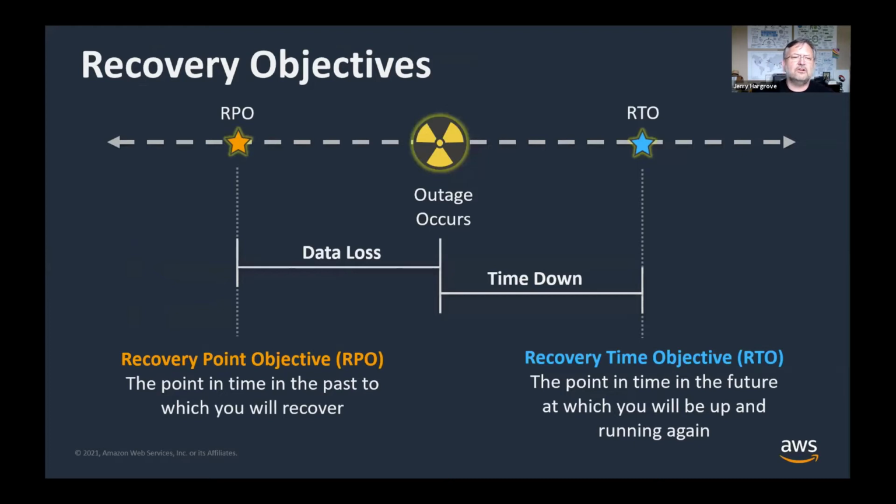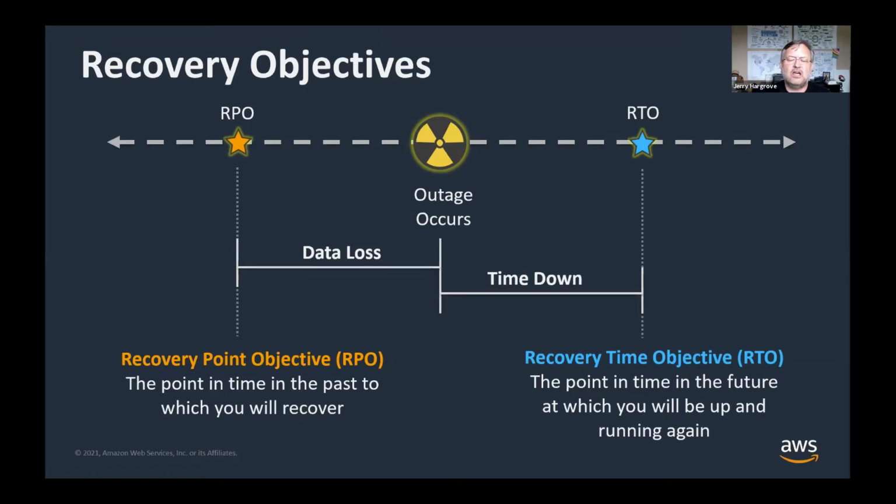A couple of other terms that I'm going to be talking about in probably the next 30 minutes or so are recovery point objective and recovery time objective, or RPO and RTO respectively. Some of you may be familiar with those terms. RTO is the one I'll focus the most on tonight, and it indicates, in terms of high availability, if your system were to fail, how long would it take you to get it back up and running?